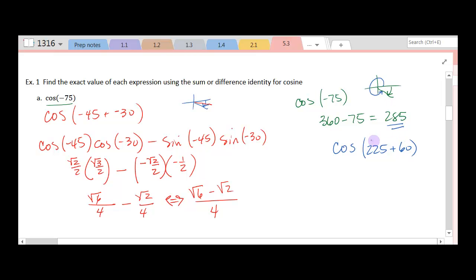If I were to use the sum identity for cosine with these two angles, I would end up with the same solution that I had using negative 45 and negative 30. So there are multiple ways to think about using the sum or difference identity for cosine, but the key is finding two angles that either add or subtract to give me my original angle.